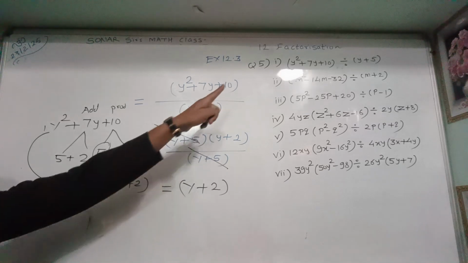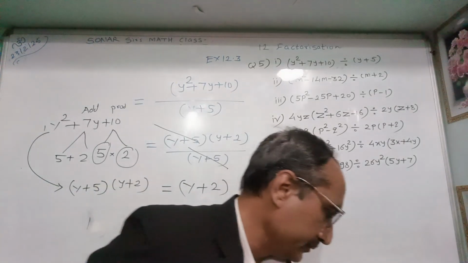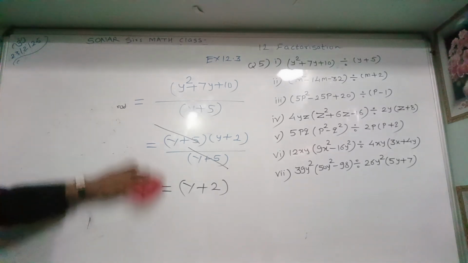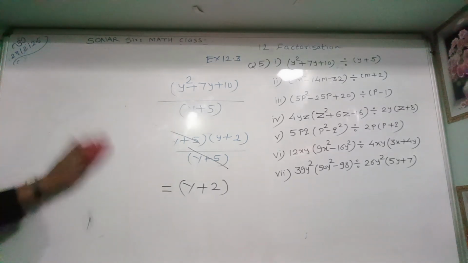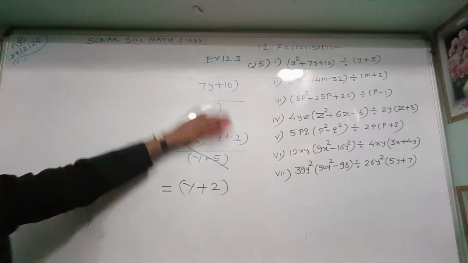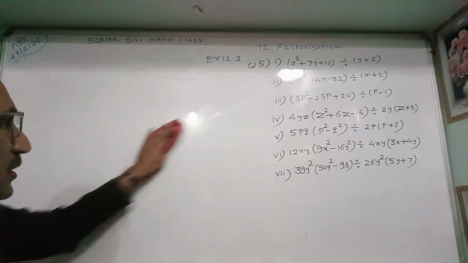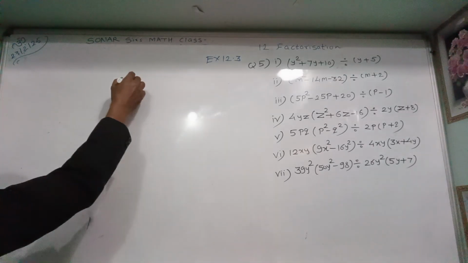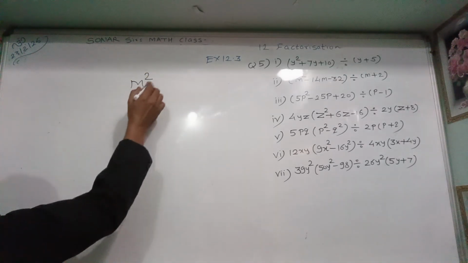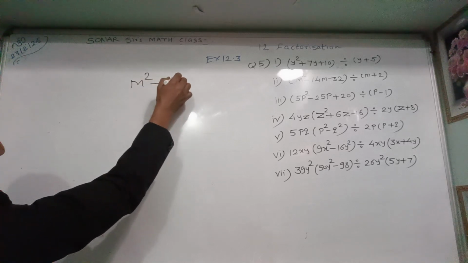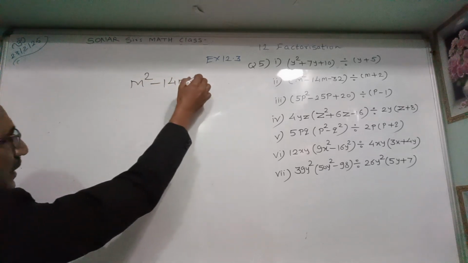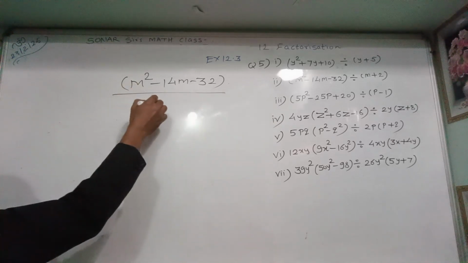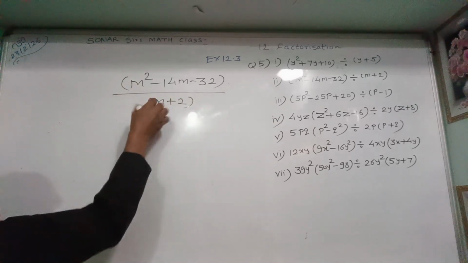Let's start the second one. m square minus 14m minus 32. Again there is a quadratic expression in the numerator. Let's write down m square minus 14m minus 32 to be divided by m plus 2.